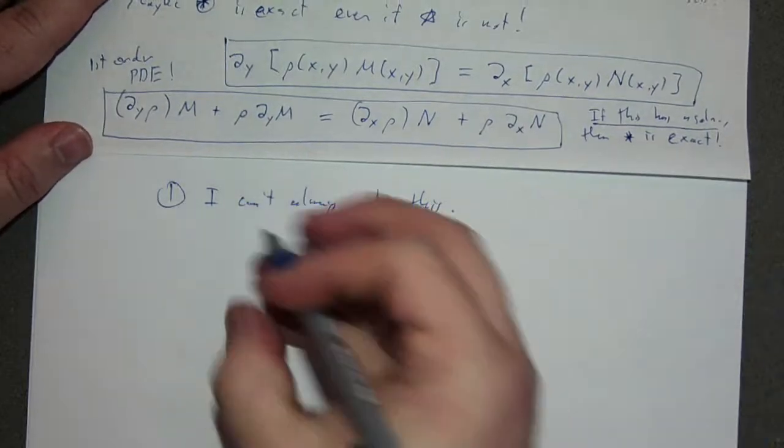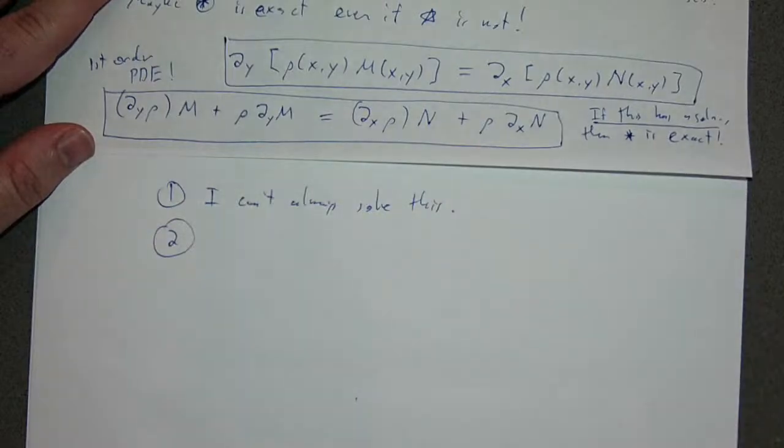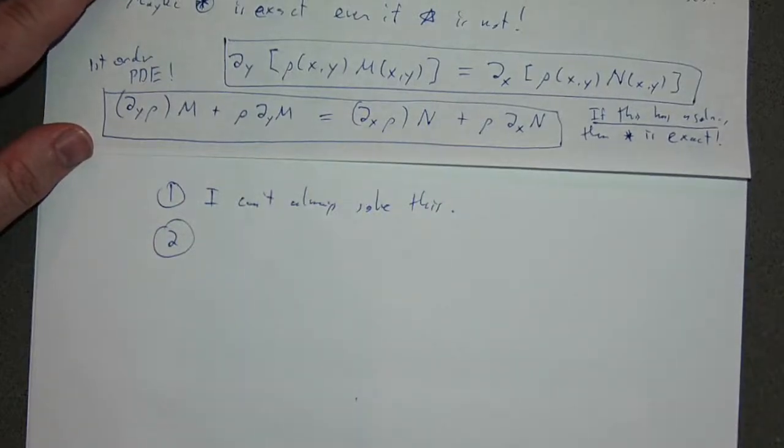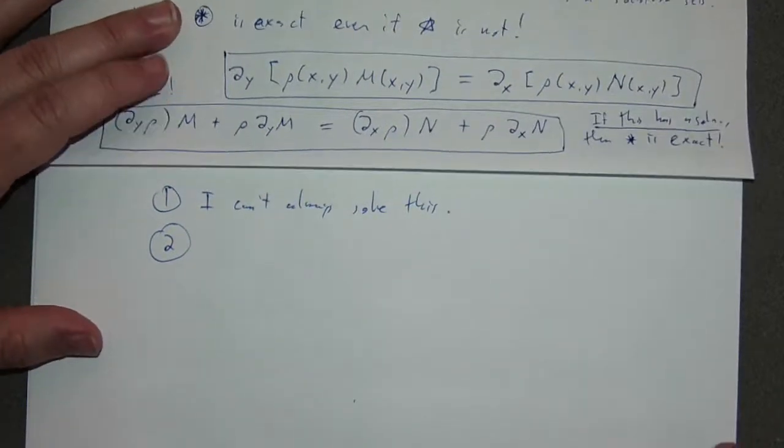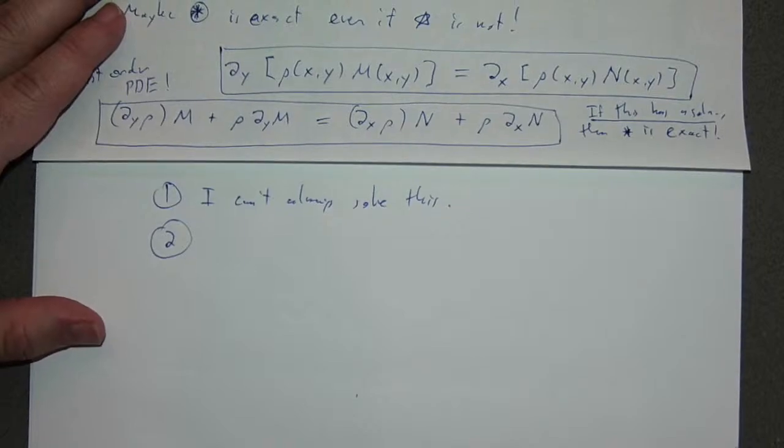But sometimes I can solve this. Either, maybe I should say directly, in a way that is suitable for this course, by assuming that rho is of a simple form. Now, this just isn't always going to work for all equations, but sometimes it does.